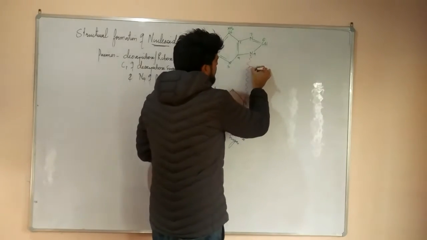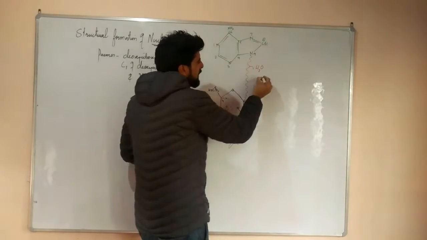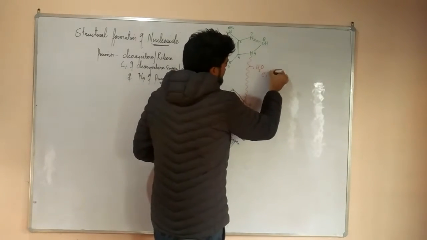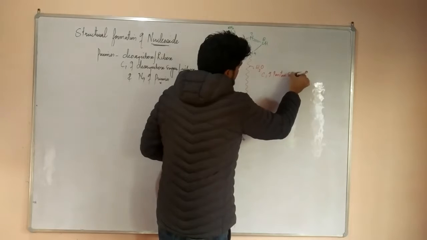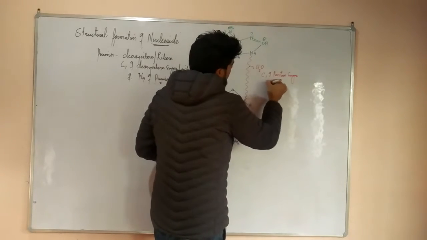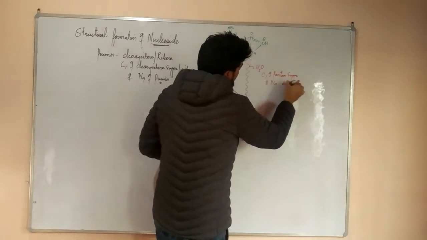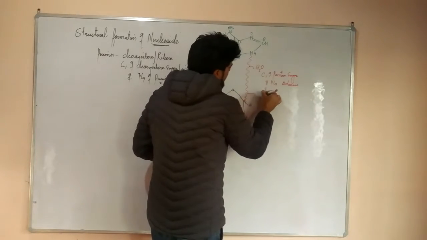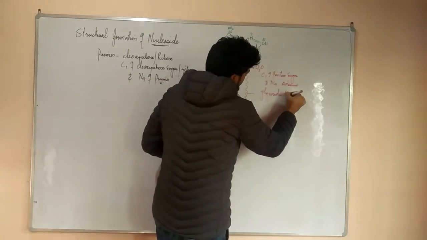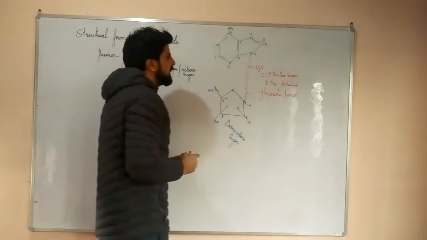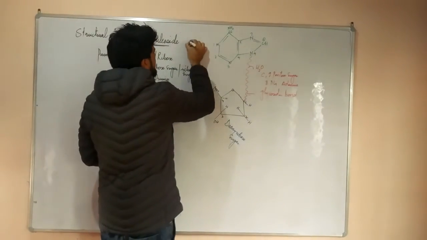So with the release of water, we have the bond formation between C1 of the pentose sugar, it may be deoxyribose or ribose sugar, and N9 of adenine. This bond is called the glycosidic bond. So the structure we have taken on top is adenine.